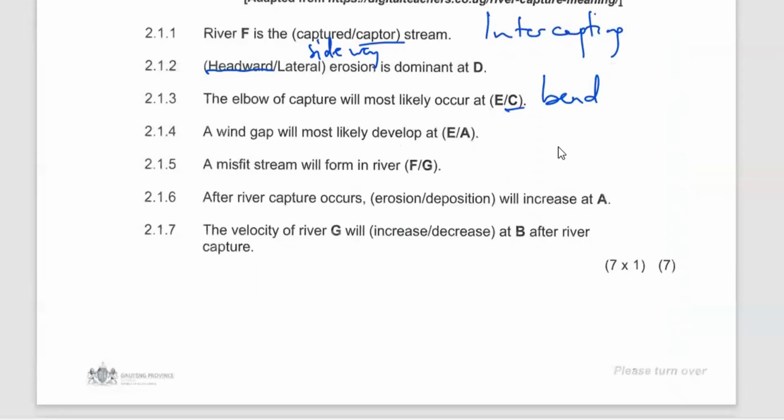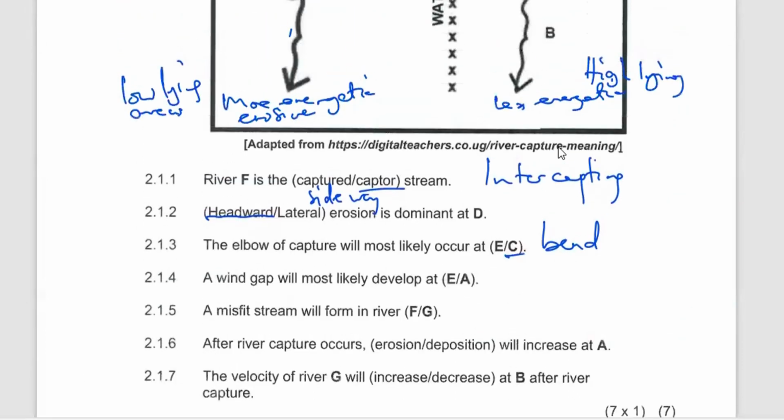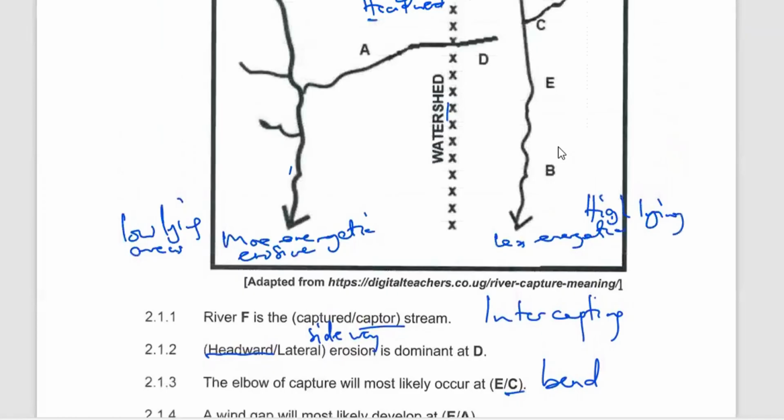Right, wind gap will most likely develop at E or A. What we call a wind gap, that is the gap between the elbow of capture and the misfit stream. If the stream is captured, there's going to be a gap between that elbow of capture like this. The bend is here. Where is the elbow of capture? It means this stream has captured this, and there is a bend here, which is an elbow, and there will be a misfit stream, which is going to continue.